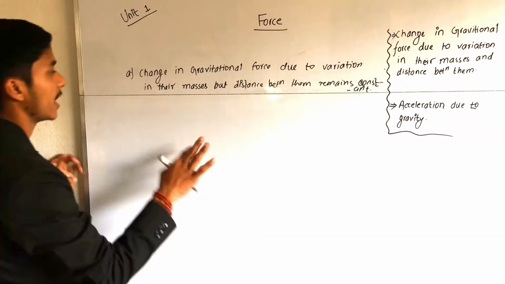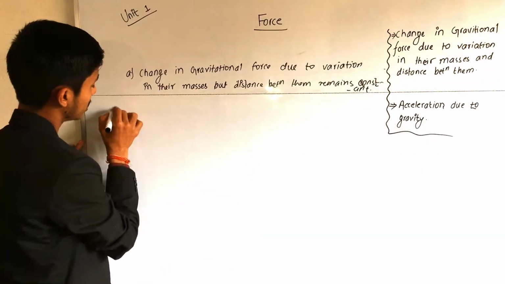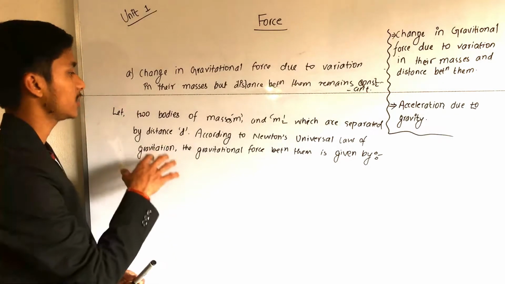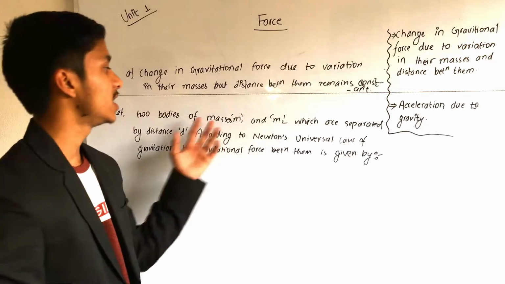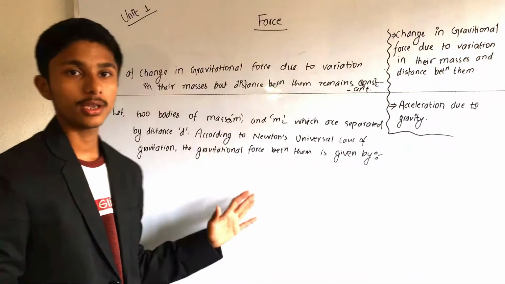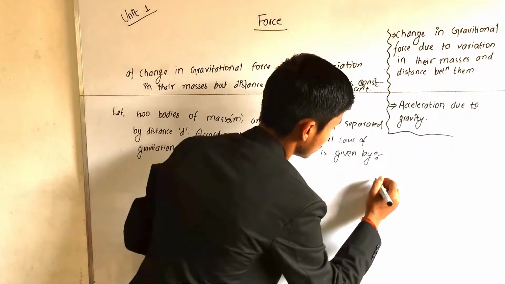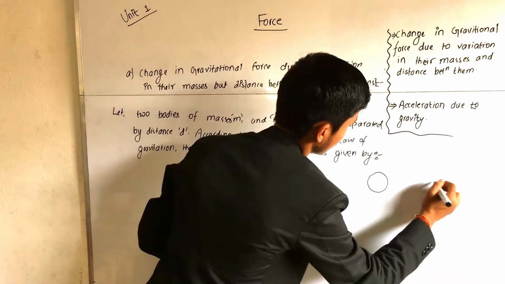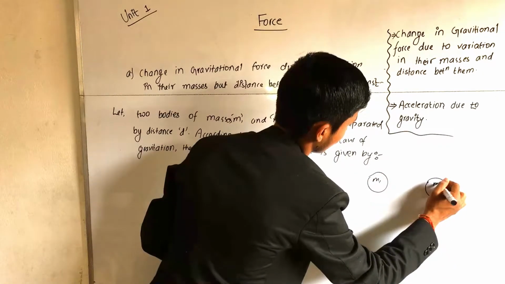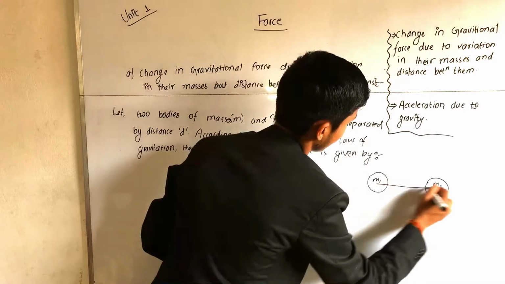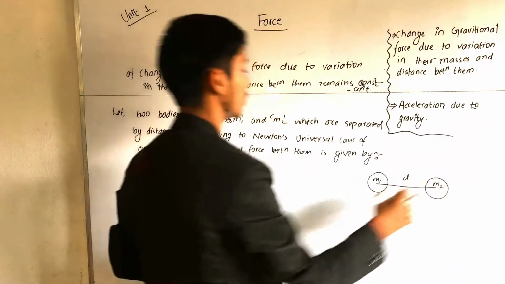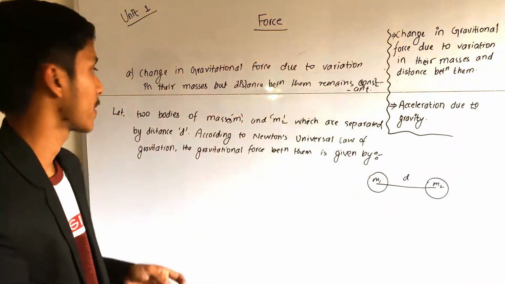Let us consider two bodies of masses m1 and m2 which are separated by the distance d. First body has mass m1 and second body has mass m2, separated by distance d. Distance between them is d.